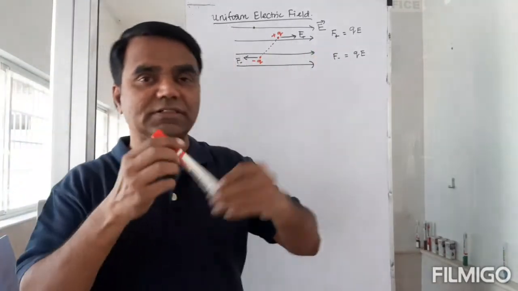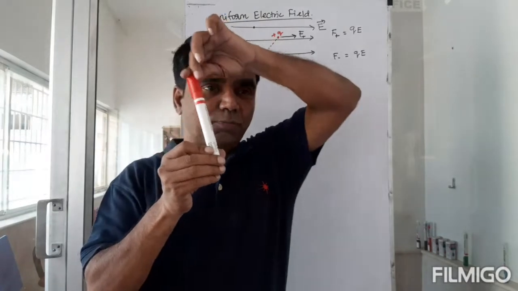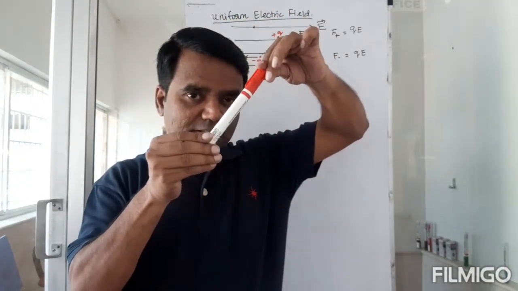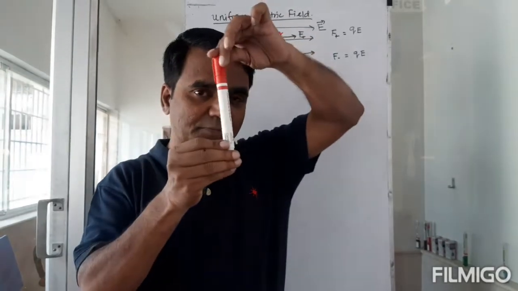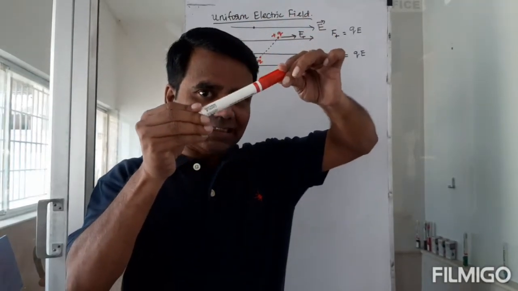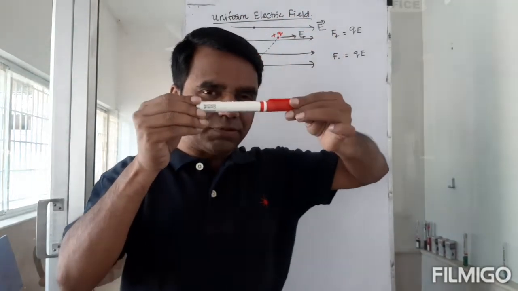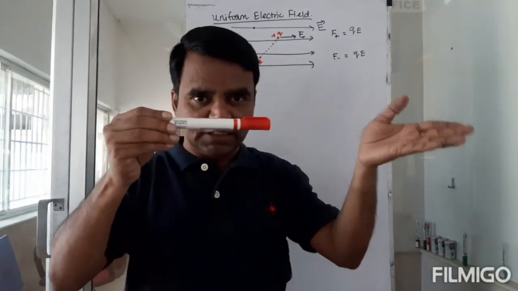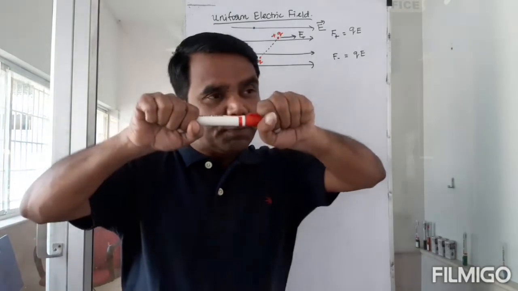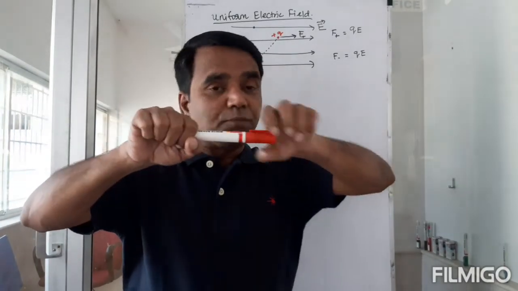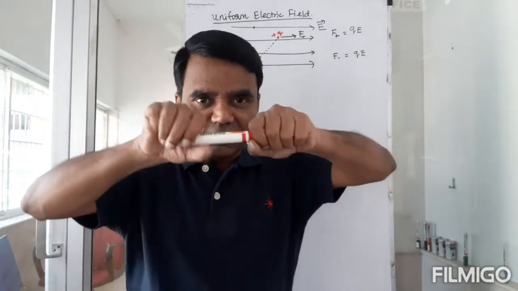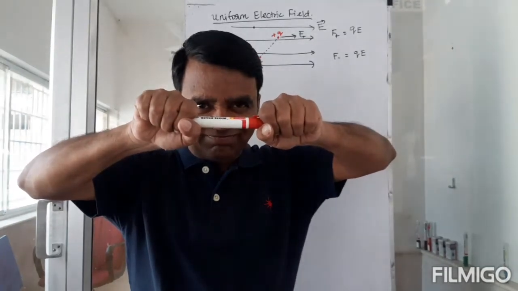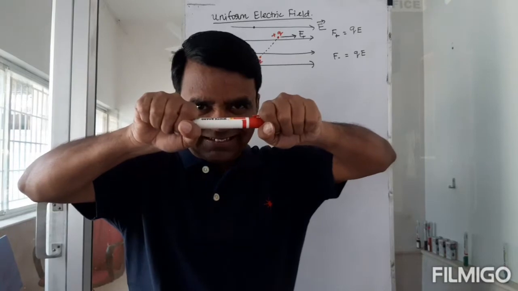So what happens here is that this is going to be pushed in this direction, it's going to be pulled in this direction, it starts rotating, and it gains some speed. But when it is parallel to the field, then what's going to happen? This is going to be pulled in this direction, pushed in this direction. You see, it's like this. There is no rotation here actually, at this point.